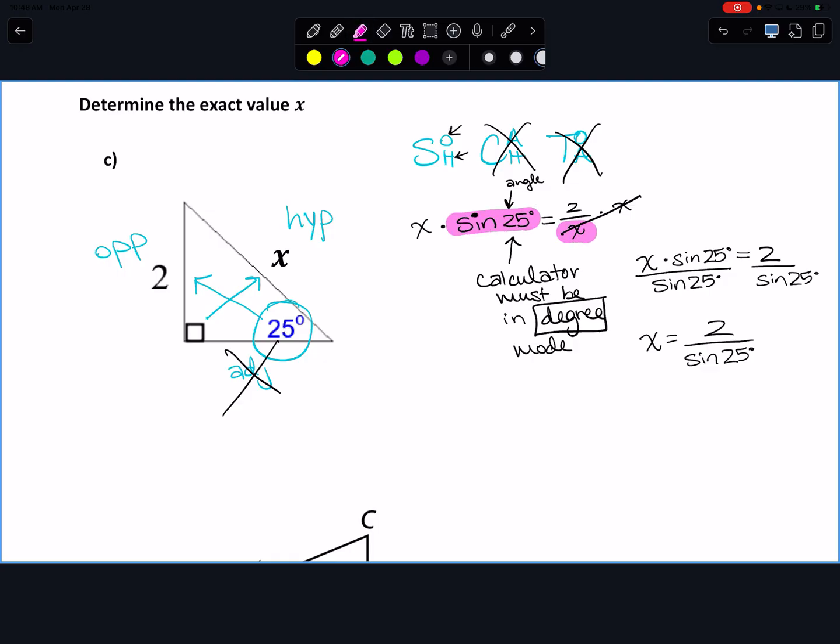Whenever I'm dividing by X, they literally just switch places when you solve it. Anybody ever notice that? So I just literally switch them. And the reason is because you do all that math, okay? All right, so what is 2 divided by the sine of 25 degrees? Please type it in for those of you that have your calculators. We're going to round to thousandths. That's an AP thing. If it doesn't tell you what to round to, you just round to thousandths.